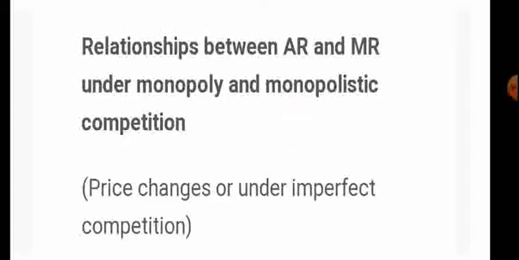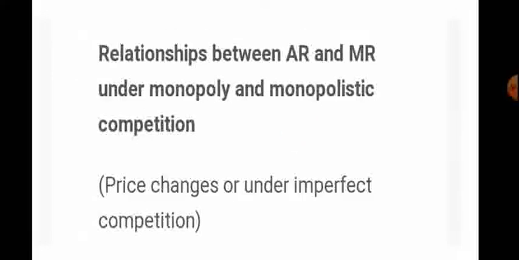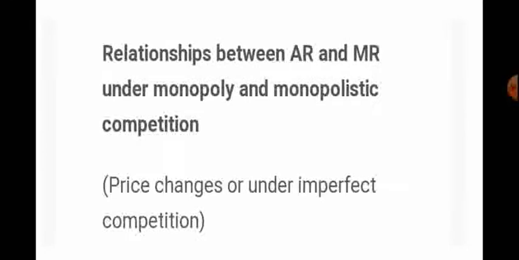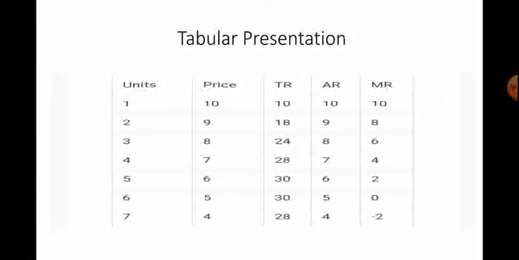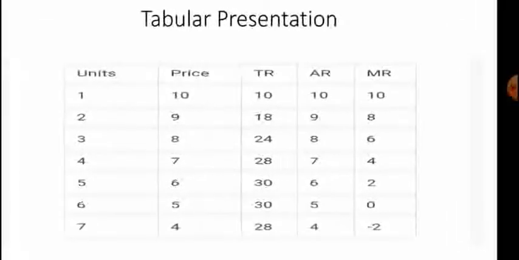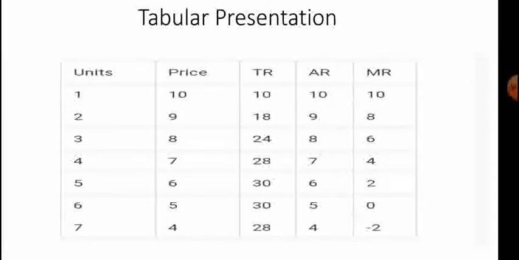तो हम यहाँ पर क्या बात करेंगे, if a producer or a seller wants to sell more of the commodity, he will have to reduce the price level. Now, in order to learn about the relationship between TR and AR or TR and MR and AR and MR, it is very essential to make a table showing reduction in price level.